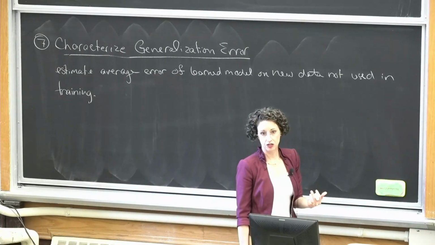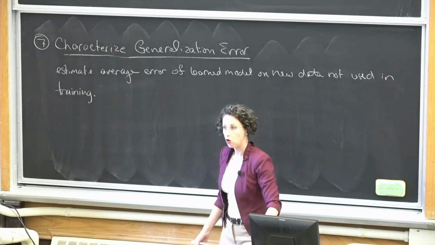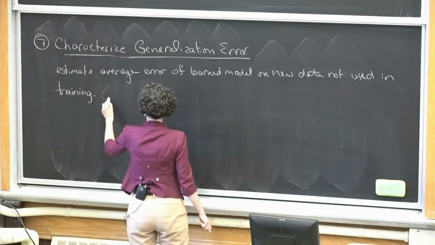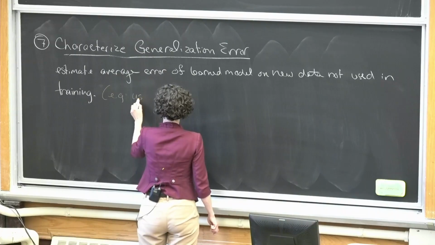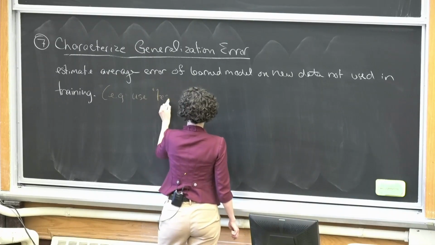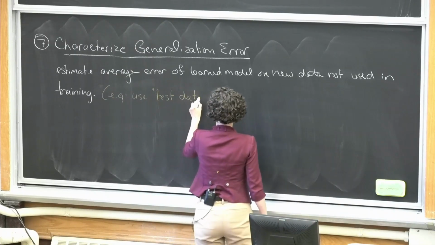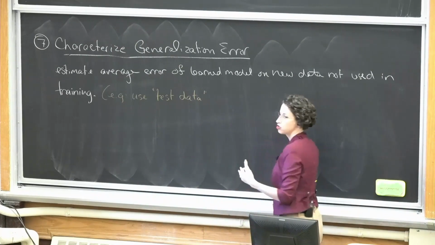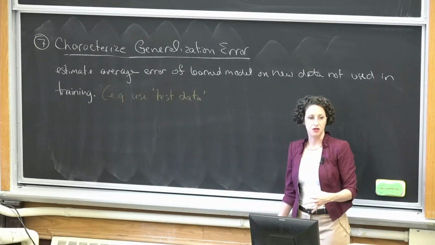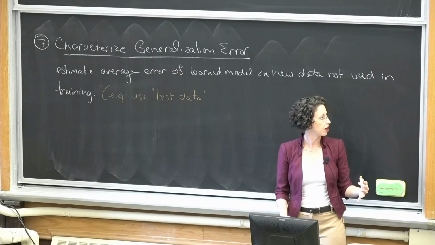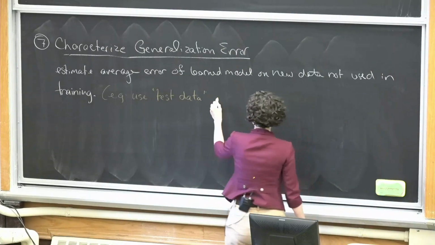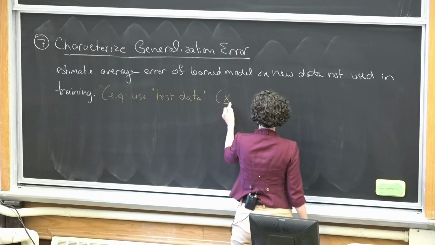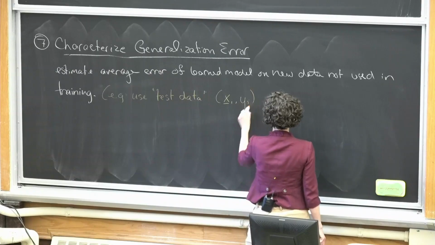So for instance, we could have a whole bunch of test samples. The test data are generally assumed to be from the same distribution as our training data. So they would also have the form xi and yi.